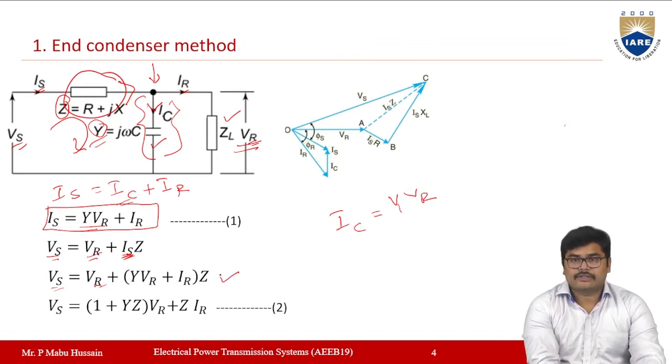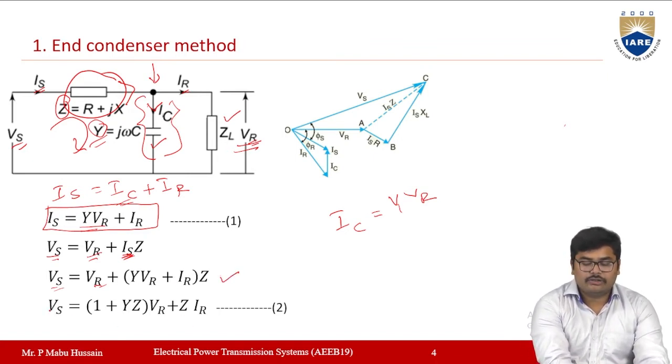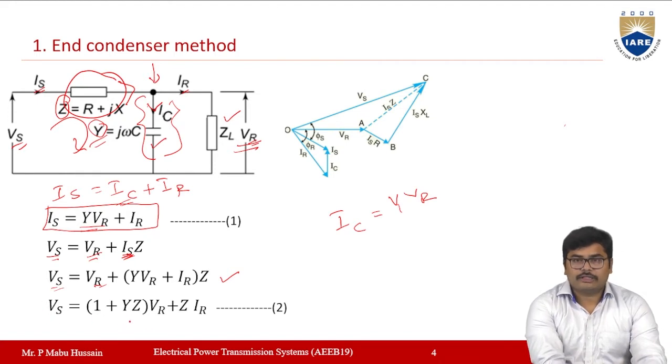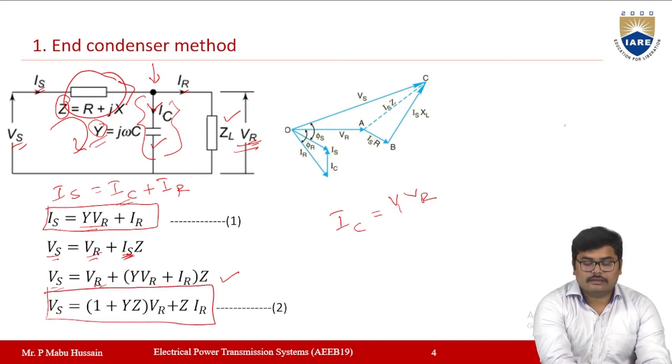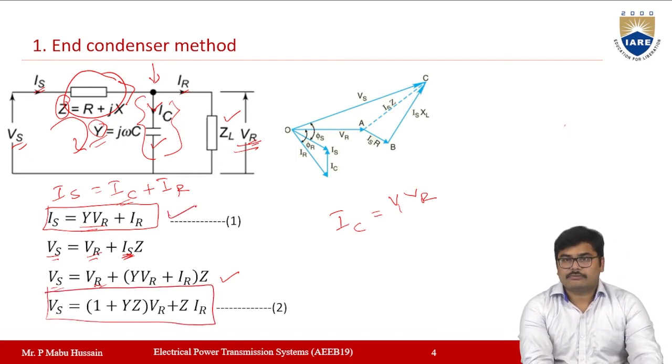Finally, you get Vs equals 1 plus YZ into Vr plus Z into Ir. So this is the Vs expression and this is the Is expression.